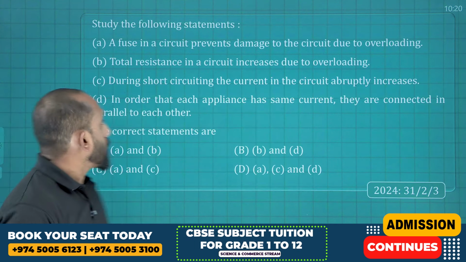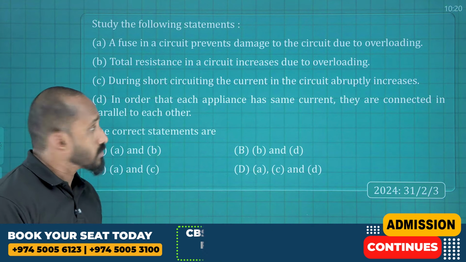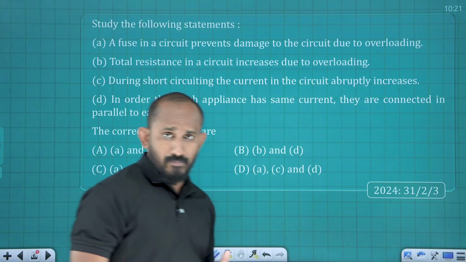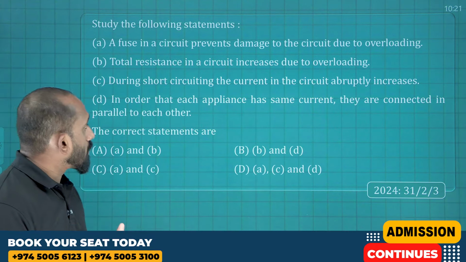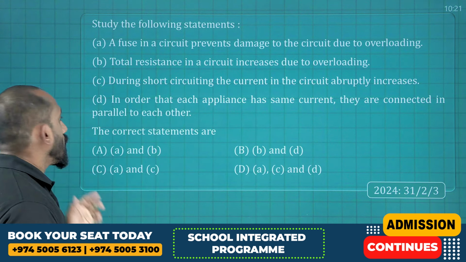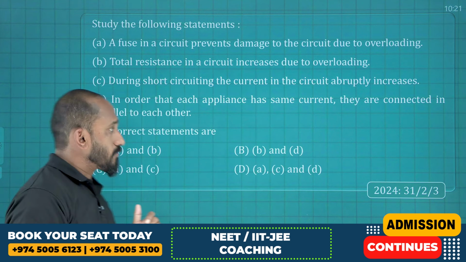Here is the next question. Study the following statements. A: A fuse in a circuit prevents damage to the circuit due to overloading. B: Total resistance in a circuit increases due to overloading. C: During short circuiting, the current in the circuit abruptly increases.